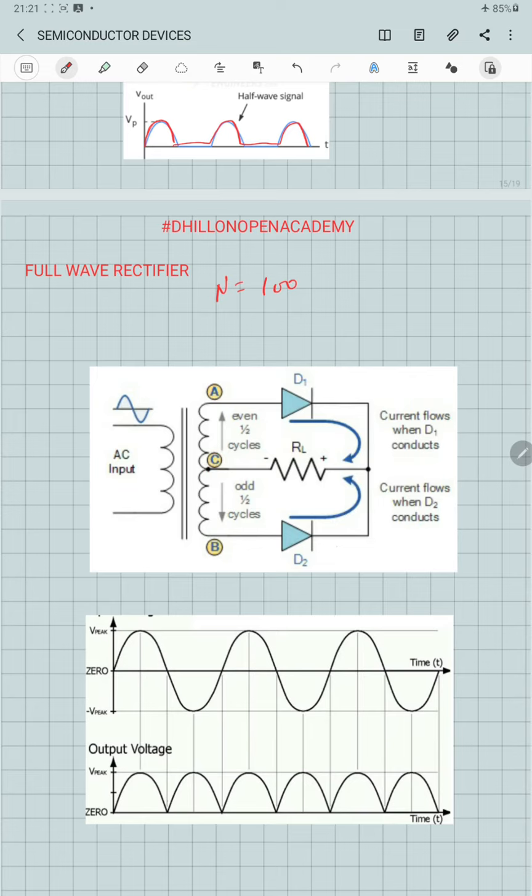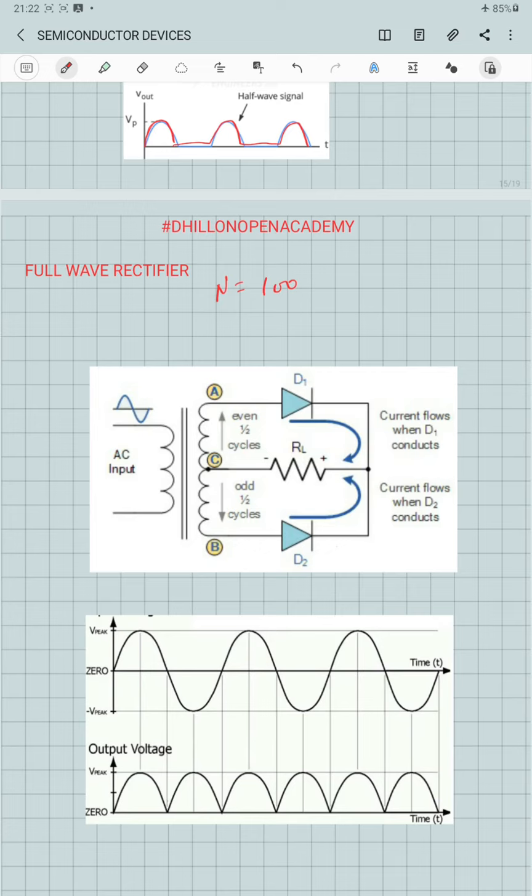Now how does this circuit work and convert AC into DC? When we switch on the circuit, the transformer steps down the voltage, so a step down voltage appears across the secondary.